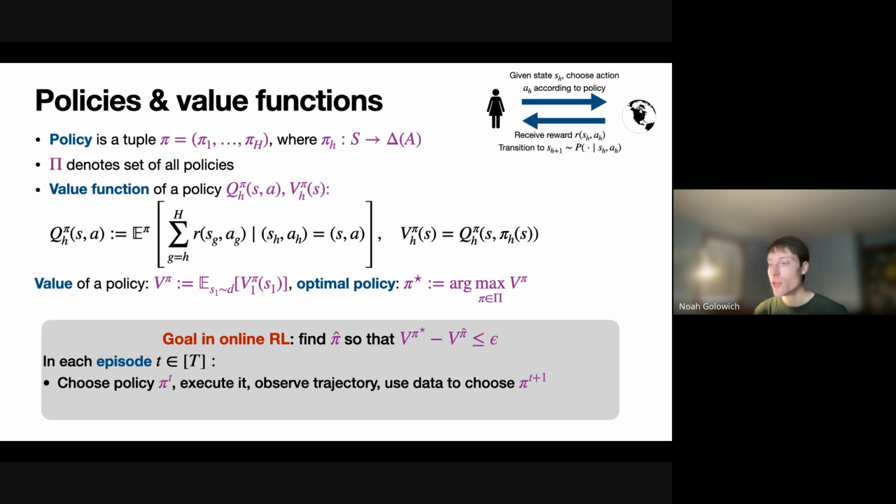Then we use this data to choose a new policy pi_{t+1} for the subsequent episode. After a total of capital T episodes, we output a policy pi hat, which should be near optimal. Generally speaking, we want to minimize the number of episodes T. We'll think of the number of episodes as the sample complexity, because the number of samples is basically a fixed value, namely the horizon times the number of episodes.